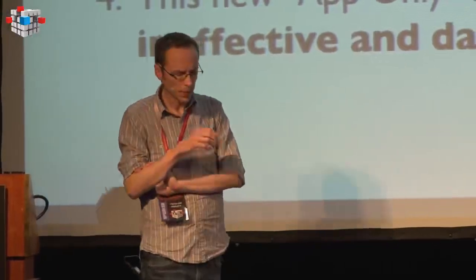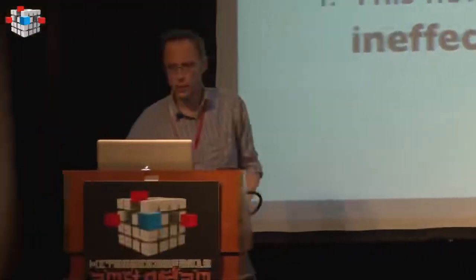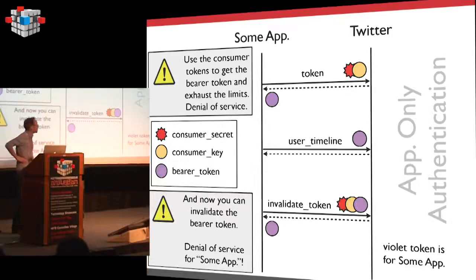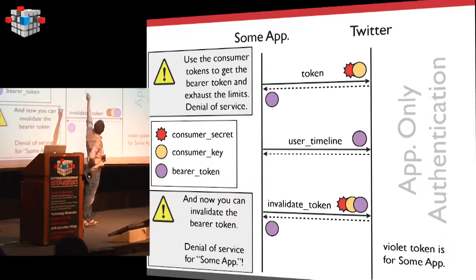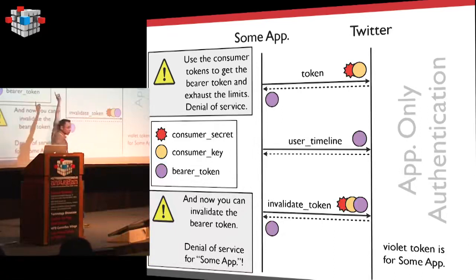Also, about this app-only authentication, something is ineffective and dangerous. Because what's going on here? If you can extract the consumer secret and consumer key, then you can get the bearer token. You can use it again and again, and exhaust the limit set by Twitter. So this is an effective denial of service for this application.